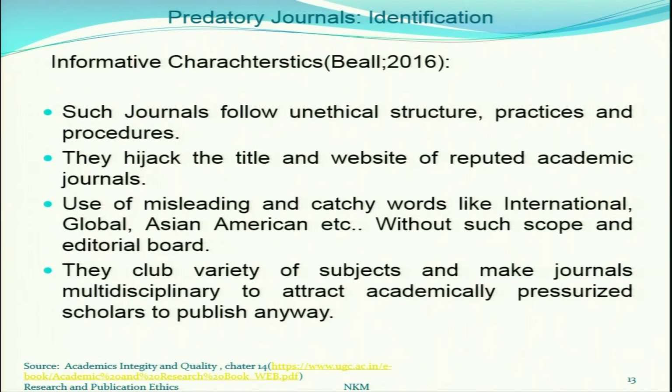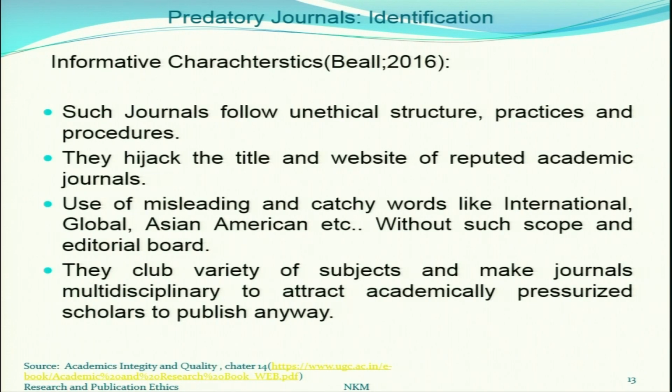He clearly defines that such journals follow an unethical structure: the editorial board and reviewers are incompetent, and they have unethical practices and procedures. The purpose is simply to make money from the researchers. They hijack the title and website of reputed academic journals.